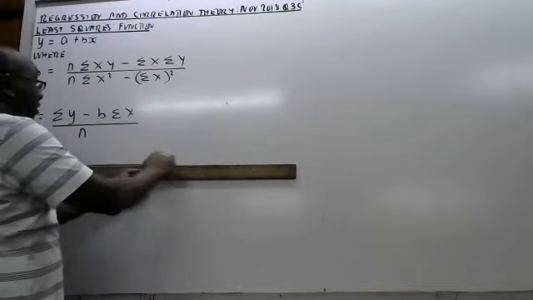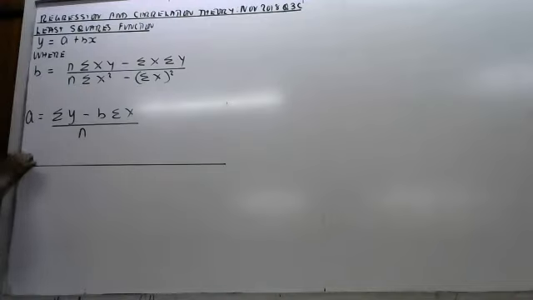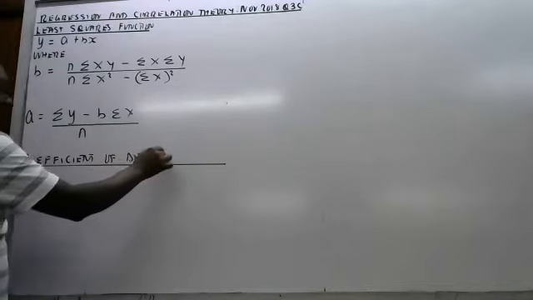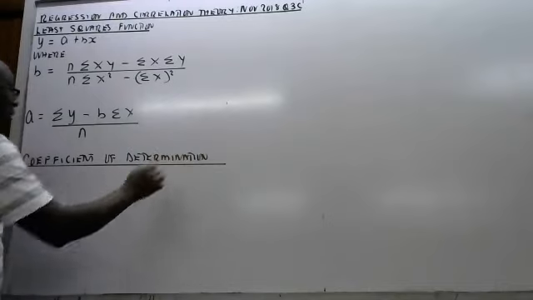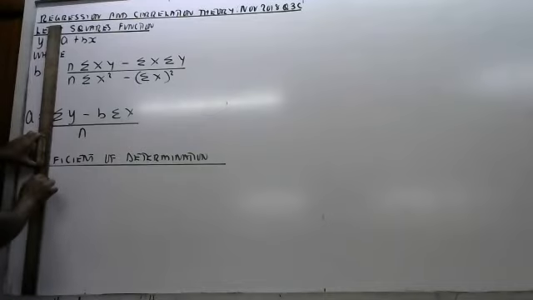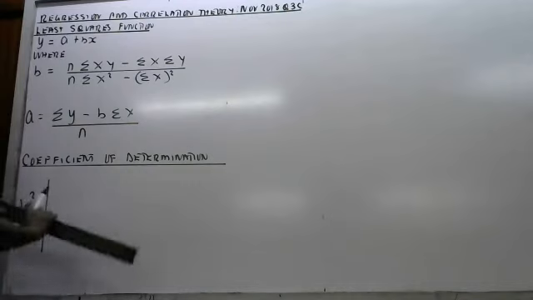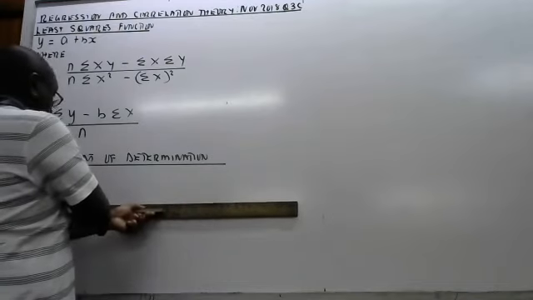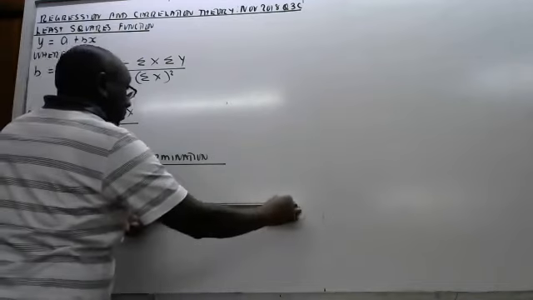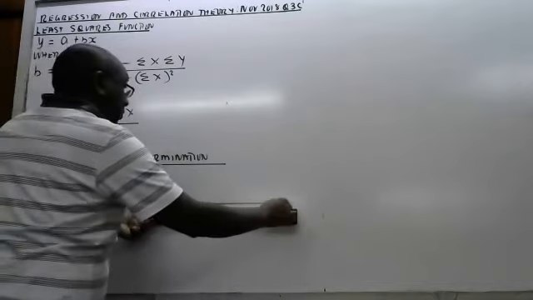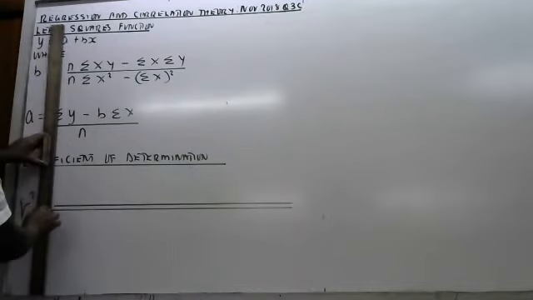The next one that we are told to get is the coefficient of determination. Now, coefficient of determination R squared will be given as something like this.